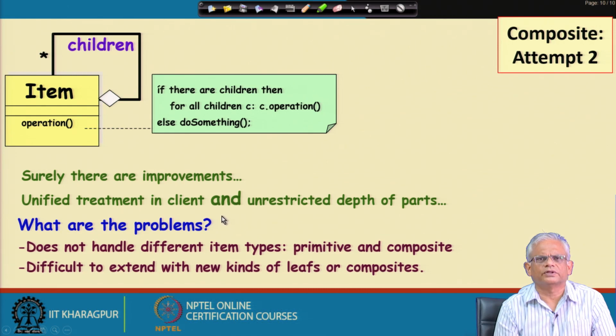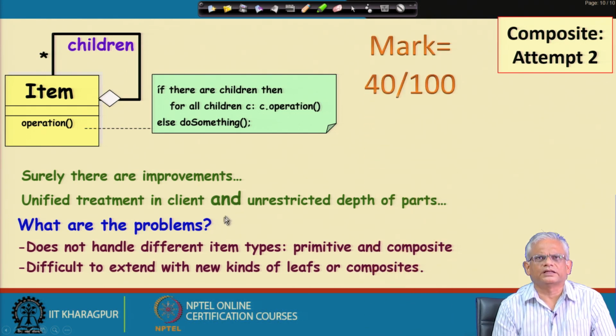Now, we have to ask the designer to go back to the design table and come up with a better solution, but if we as examiners have to give a mark to this, the extent to which it satisfies the requirement of the original problem, we might give 40 out of 100.